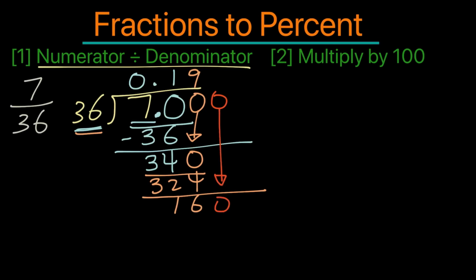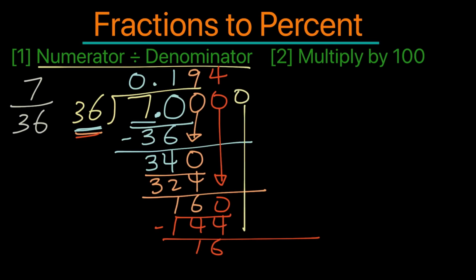And what is 160 divided by 36? 4 can go into that, and that comes out to 144. 160 minus 144 is 16, and then we're gonna bring another 0 down.